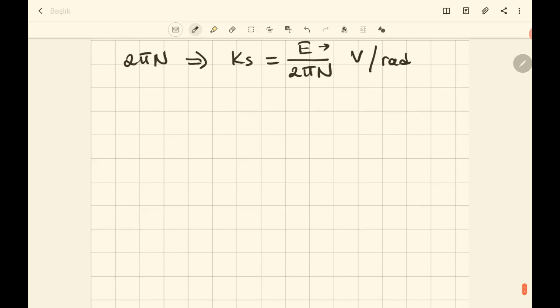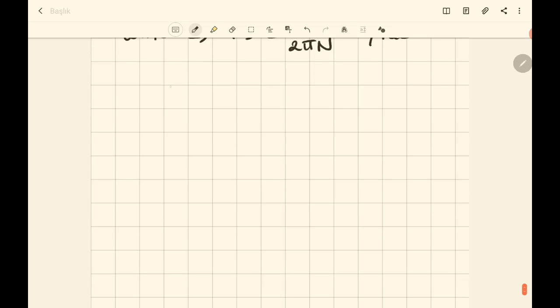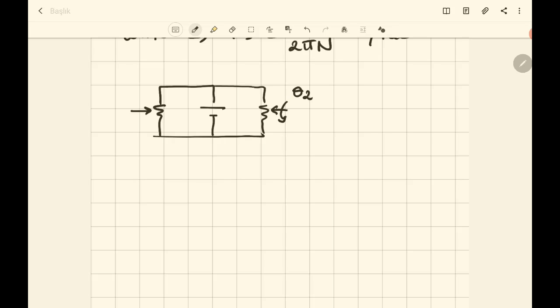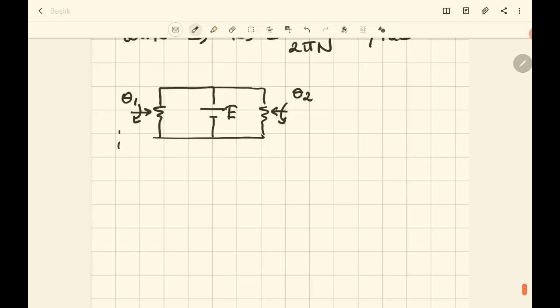Maybe it can be another configuration like this. We have an input voltage here. We have a potentiometer here and here. It is turning in this direction, which is represented with theta 2, and in here theta 1 in this direction. We have an input source here, so we can say the difference between here and here will be e(t).